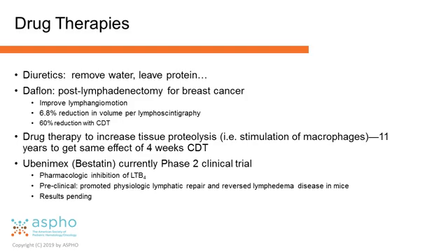They have shown a 6.8% reduction as opposed to a 60% reduction with the CDT. So I still believe that the complete decongestive therapy has a better outcome. Drug therapy to increase tissue proteolysis or stimulation of macrophages takes 11 years to get the same effect as 4 weeks of the complete decongestive therapy.